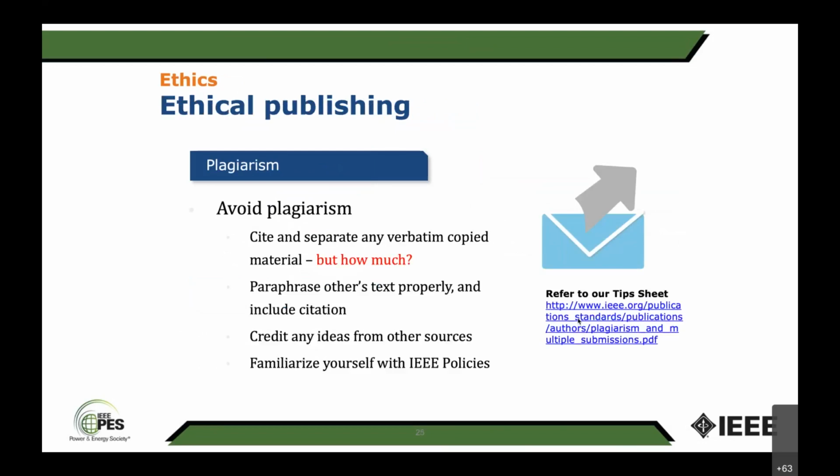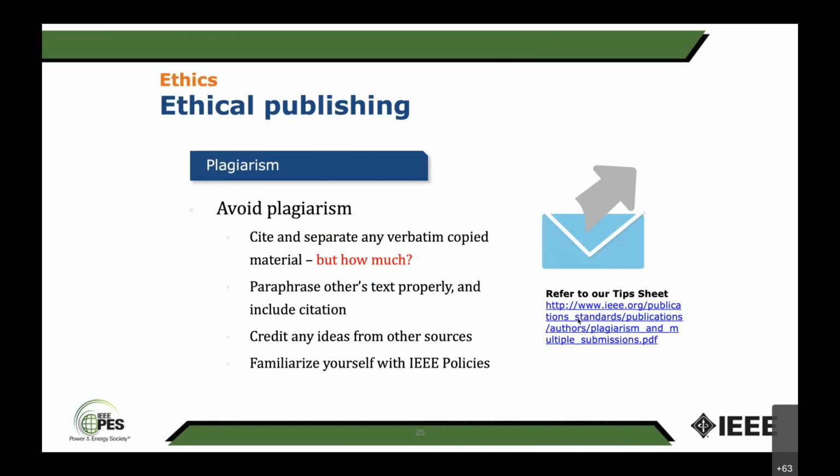Therefore, what you should do, ethical publishing, let's focus on plagiarism first. Cite and separate any verbatim copies of materials. What do you mean by that? You're allowed to copy maybe a few sentences from another paper, put that within quotation marks. That may help you to explain your technique. That's fine.